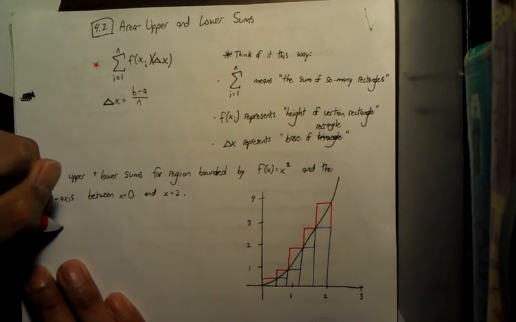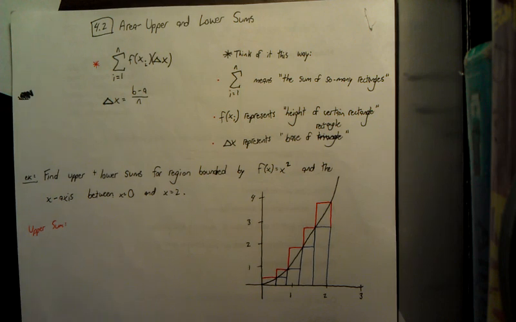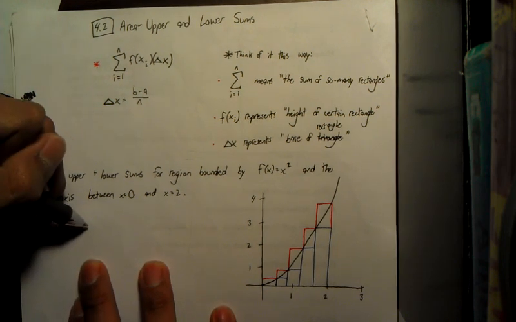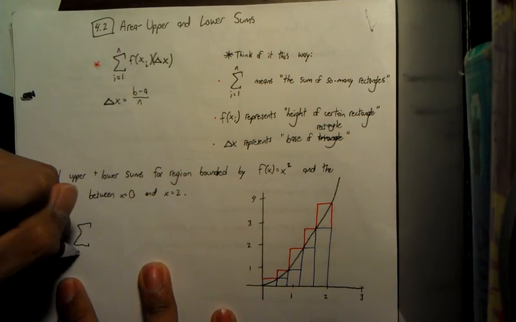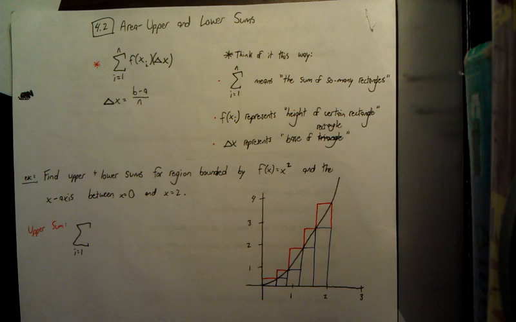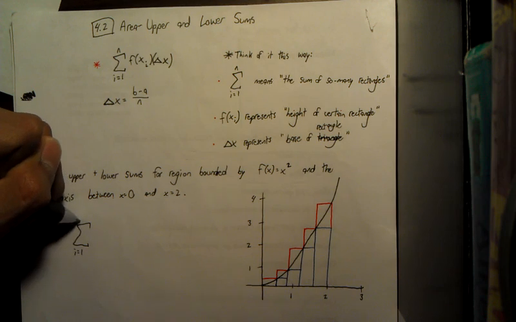So our formula is the sum from i equals 1 up to our number of rectangles, which we're going to set at n.